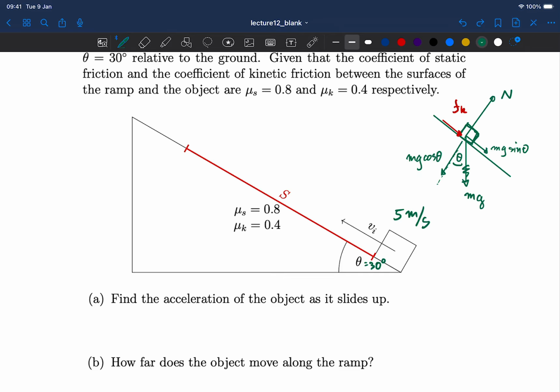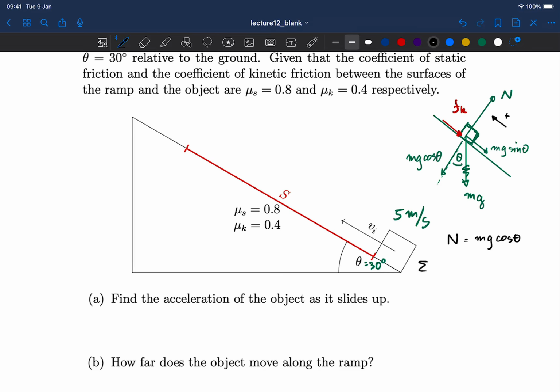Well, it's kind of relevant because we need to find Fk, which is equal to mu k times n. So we know that n equals mg cosine. And for the acceleration, if we say that going up along the ramp is the positive direction, then both mg sine and kinetic friction are pointing in a negative direction. So both are going to slow down the object.